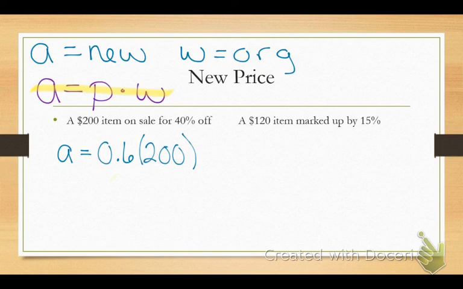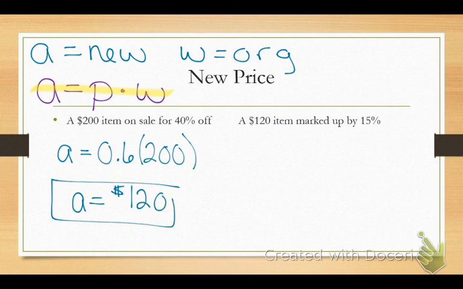So now 0.6 times 200 gives me $120. A equals $120. Okay, now you might say, well, Miss Kinder, I actually multiplied 0.4 times 200 and I got 80, and then I subtracted it from 200 to get 120.